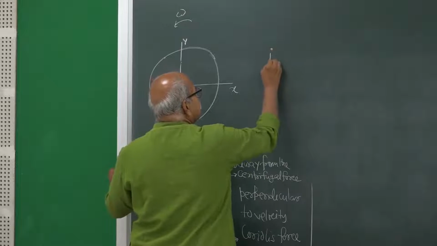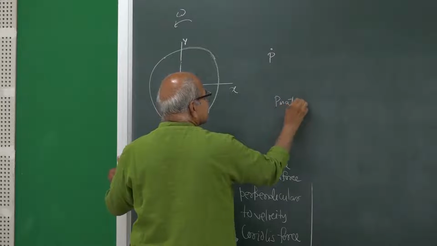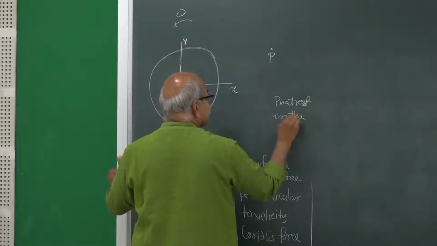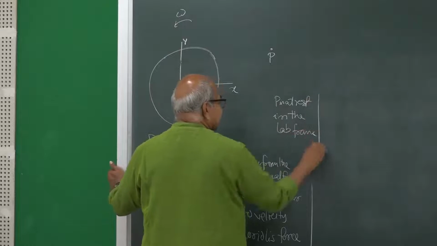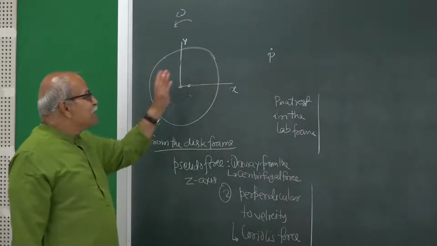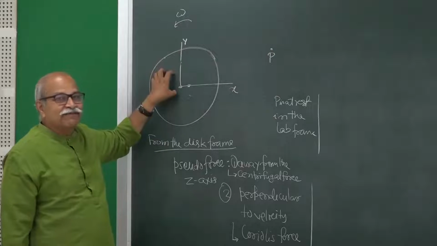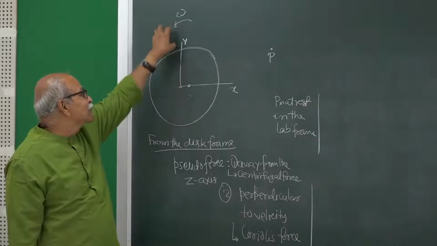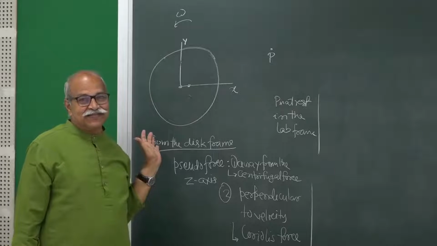This is the particle P, at rest in the lab frame. And I am looking at this particle from the disk frame, and the disk frame is rotating with angular velocity omega about the z axis in the lab frame. So, that is the situation.